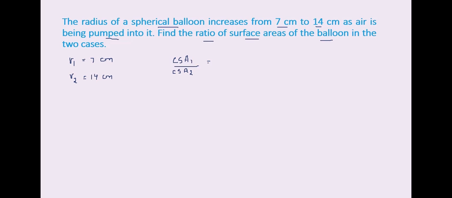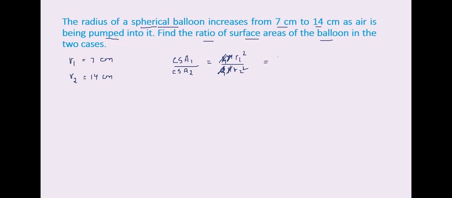So what is CSA 1? 2 pi R1 square. What is CSA 2? 2 pi R2 square. Okay, no, that's the balloon, so it will be 4 pi, sorry. 4 pi R1 square upon 4 pi R2 square, so it's a spherical balloon. 4 and pi will get cut.